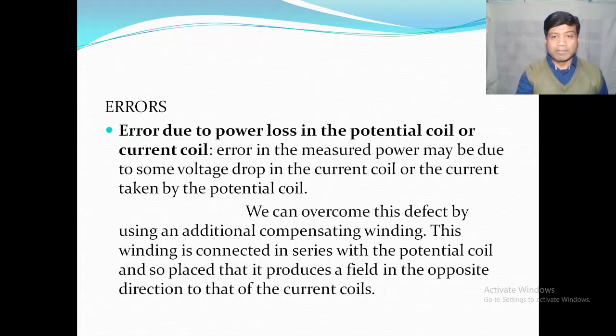This compensating winding helps in eradicating this type of errors by being placed in series with the potential coil, and it is so placed that its field is in opposite direction to the current coils. This is a way to escape from the errors produced by the potential coil and the current coils.